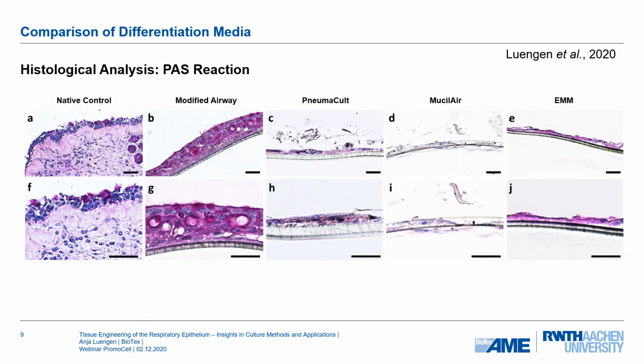Histological analysis via a periodic acid Schiff reaction confirmed presence of glycogens, mucopolysaccharides, and glycoproteins in modified airway cultures, indicating mucus production. For the other media, cell monolayers were most abundant. Again, representative pictures are shown.